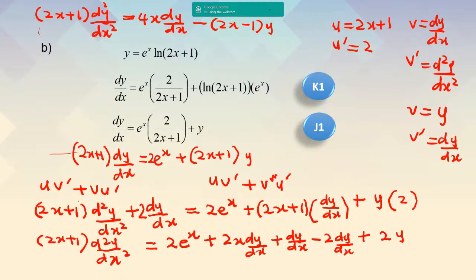Now we proceed to 2e^x. Substitute 2e^x with this one, this one is 2e^x, substitute with 2x dy over dx minus 2x plus 1 times y.